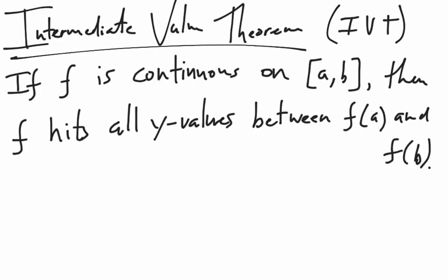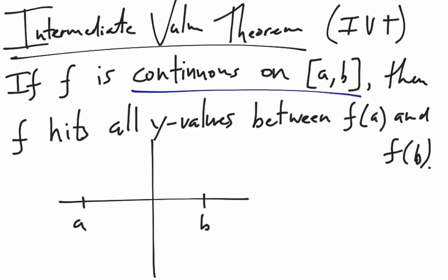The IVT is very intuitive again. Basically, you have a graph. Here's A, here's B. Notice that f is continuous on a closed interval, so that means that there is some point at A and some point at B. And if we plug in A, we get f of A. If we plug in B, the y value is f of B.